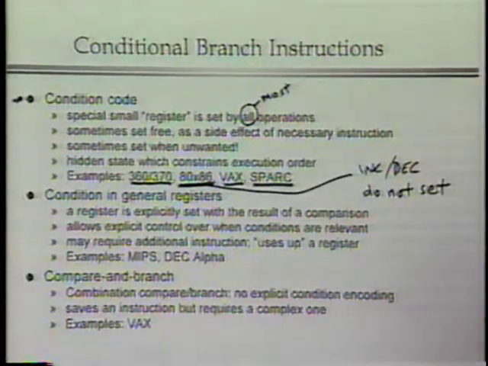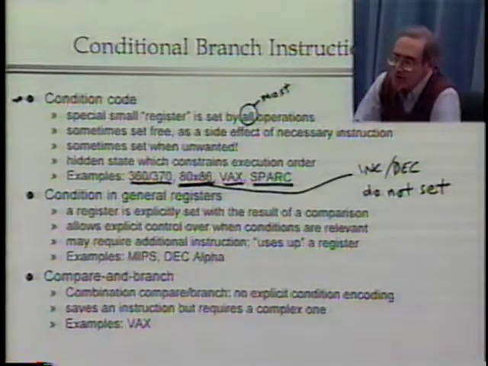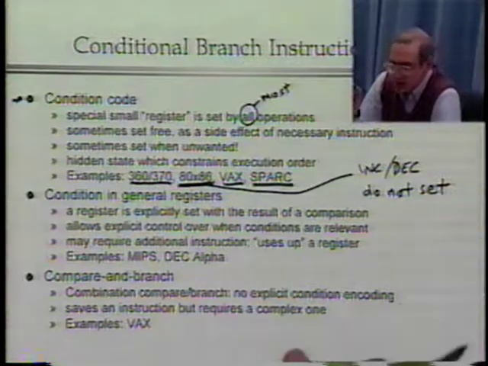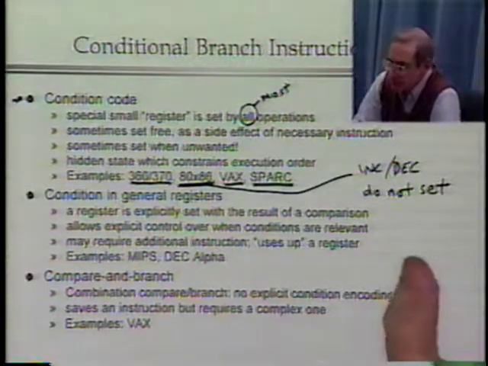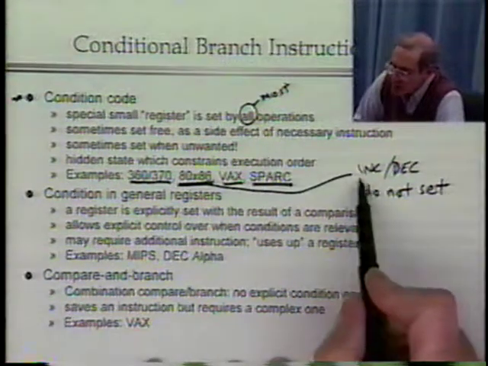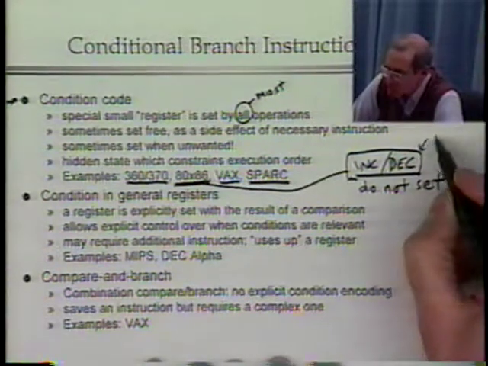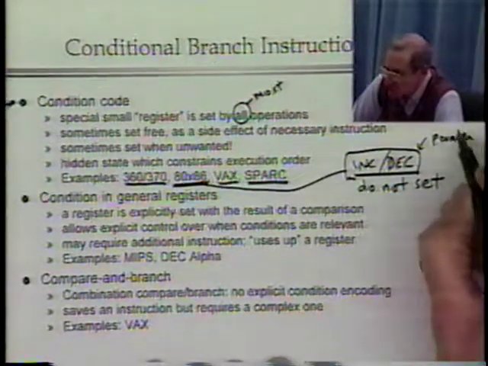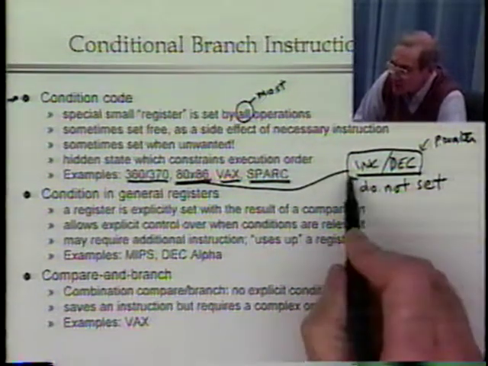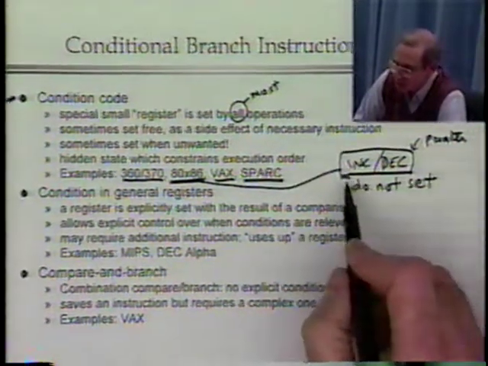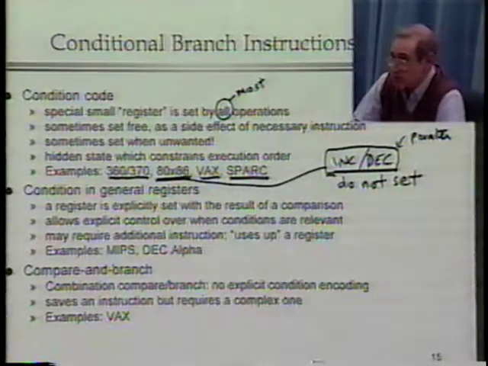And if you wanted to do multiple precision arithmetic, you had to preserve the carry from one add to the next. So if you were adding 4 bytes, you had to do it 2 bytes at a time. In order to address the next set of bytes, you had to do the increment and decrement for the pointer, to be able to point to the next set of bytes or set of words to be added. If increment and decrement destroyed the condition code, you would lose the carry information that you had saved by doing the first add.